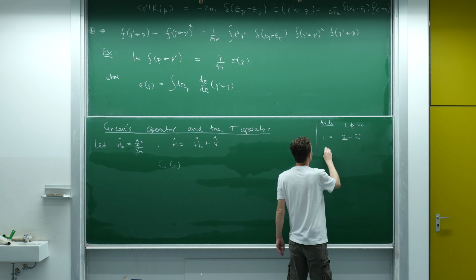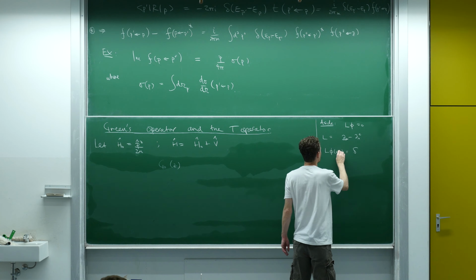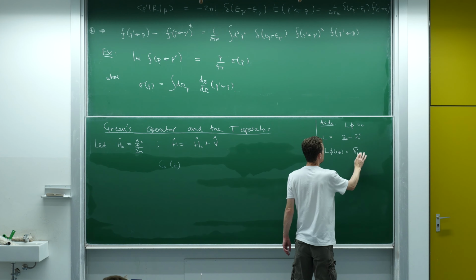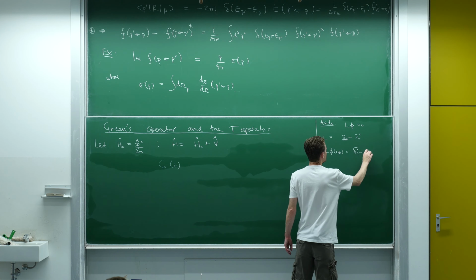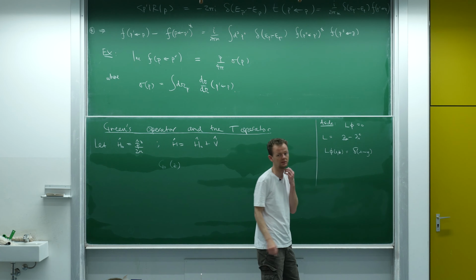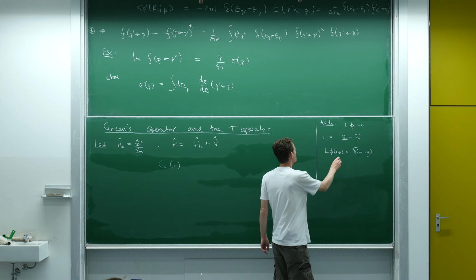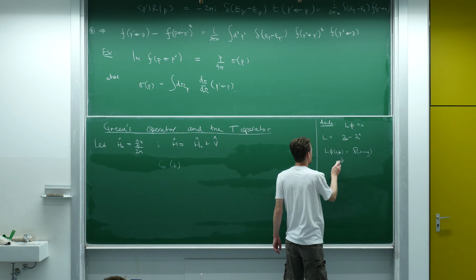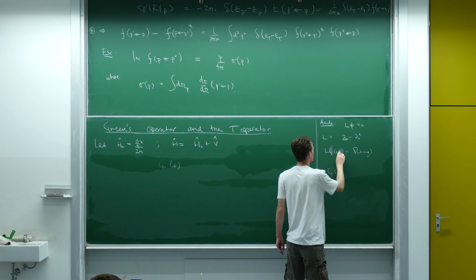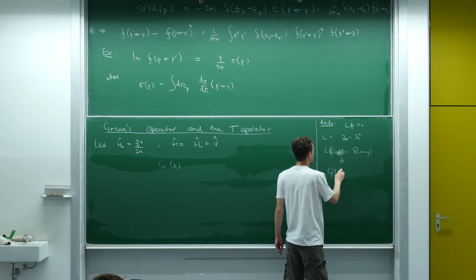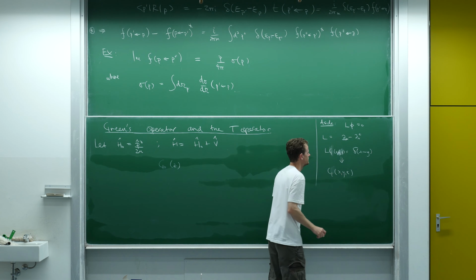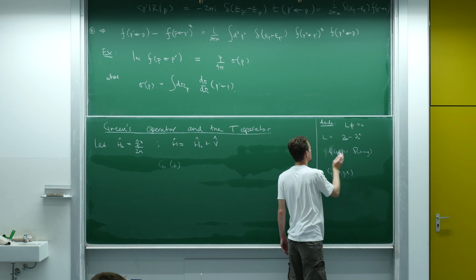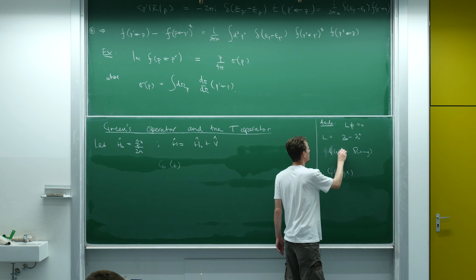Then if you solve this equation with a delta function at some position y on the right-hand side at time 0, let's call that solution G. I apologize, it's t equals 0.